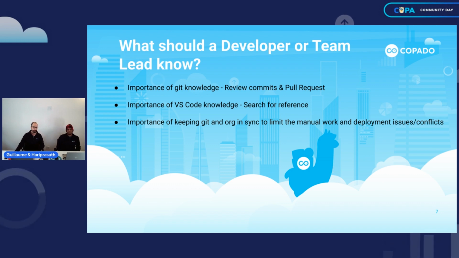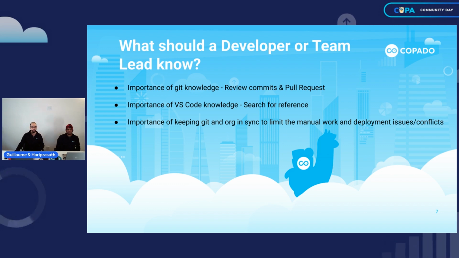Some knowledge in VS Code. It's a good idea to set up your VS Code with all the Salesforce tools and extensions, and Git, so you can link your Git to VS Code, and we'll cover that in the demo in a few minutes.